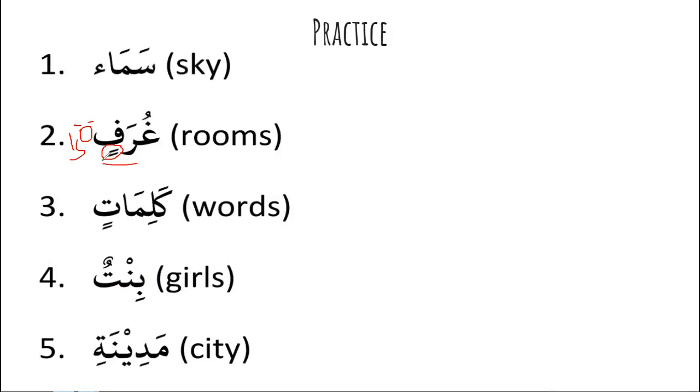Ghurfa looks like singular, but its meaning is rooms. So what is it? It's a non-human broken plural. And non-human broken plurals are always used as singular feminine. So it's feminine. Okay. Got it? Okay. Kalimatin.